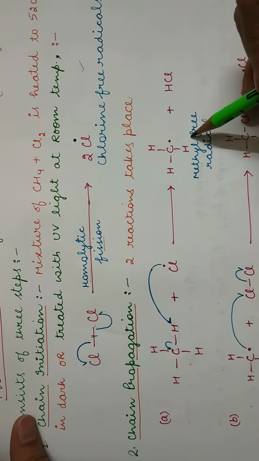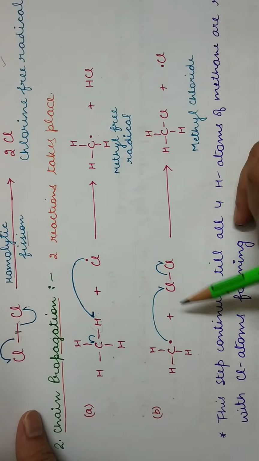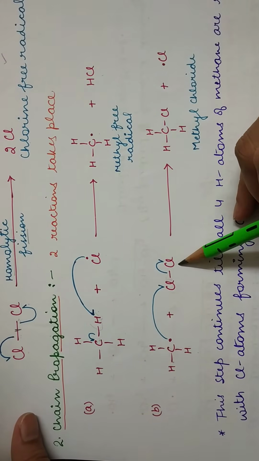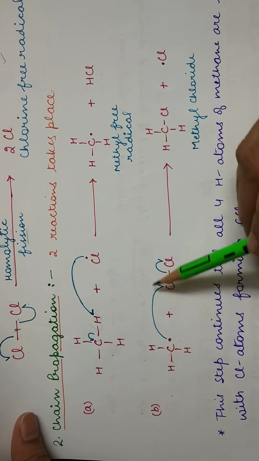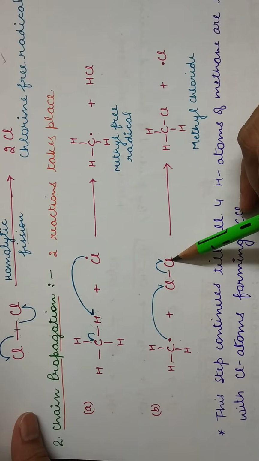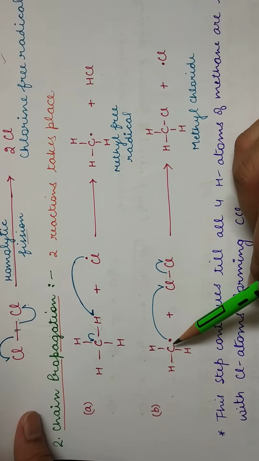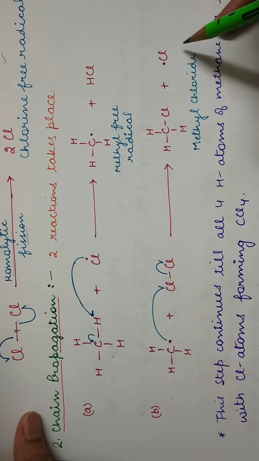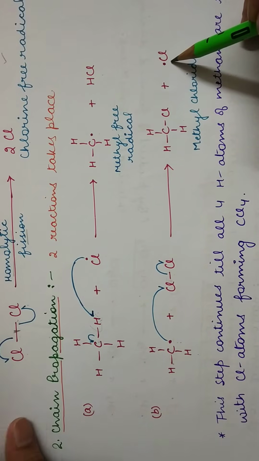Now what will this methyl free radical do? This methyl free radical will attack a further chlorine molecule. Similar homolytic fission will take place here, and this chlorine will get attached to this carbon, forming methyl chloride, and one more chlorine free radical will be formed.